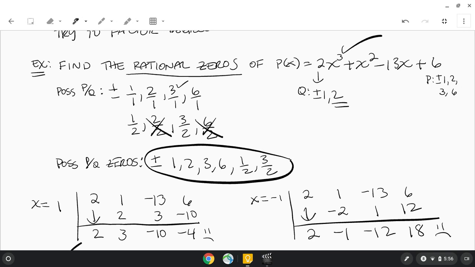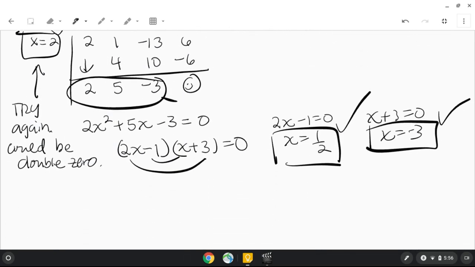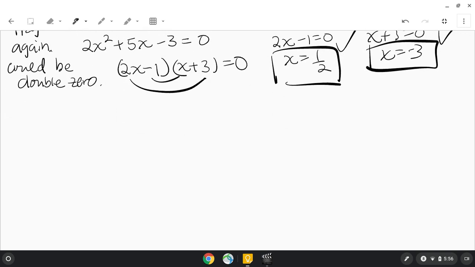If it says to find all the zeros, then you include all the ones with radicals, all the rational ones, and also the imaginary ones. We haven't covered imaginary numbers yet, but I'm sure you know about them. So just pay attention to the words. That one said find the rational zeros, so no radicals, definitely no imaginary.